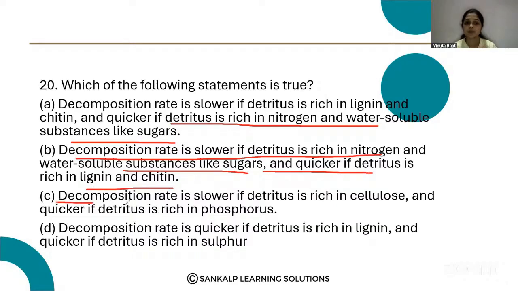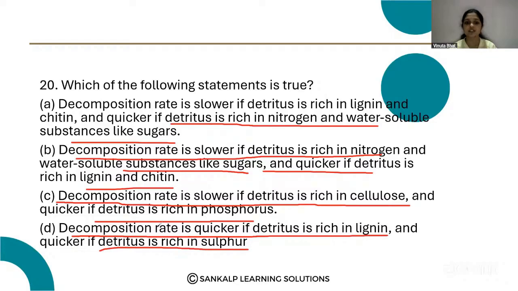Option C: Decomposition rate is slower if detritus is rich in cellulose, and quicker if detritus is rich in phosphorus.